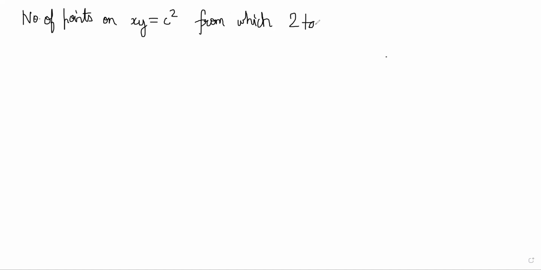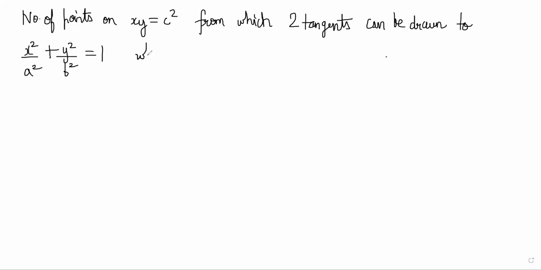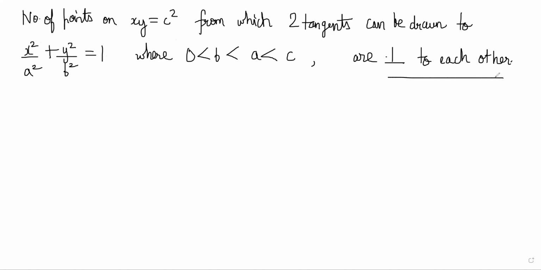Okay, so we are saying the number of points on xy = c², from which two tangents can be drawn to x²/a² + y²/b² = 1, where 0 < b < a < c, and the tangents are perpendicular to each other, right?